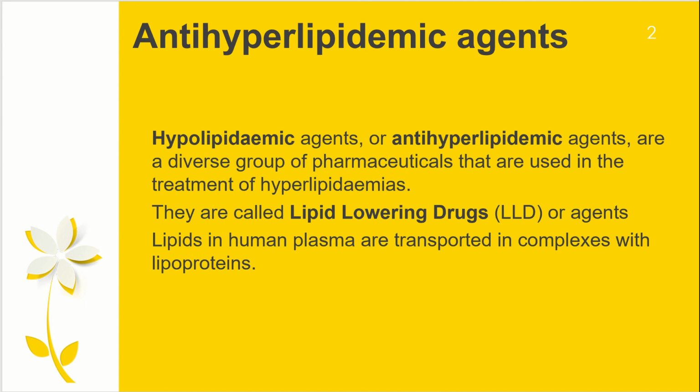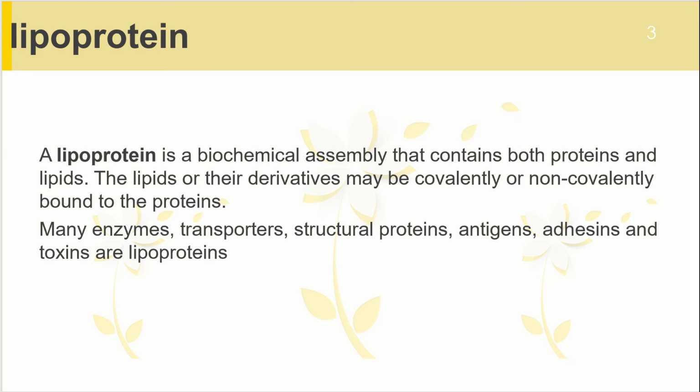So lipids in human plasma are transported in complexes with lipoproteins. So what are lipoproteins? Well, it's a biochemical assembly that contains both, as the name suggests, proteins and lipids. And of course, we know lipids are fats, right? So this lipoprotein has fats as well as proteins.